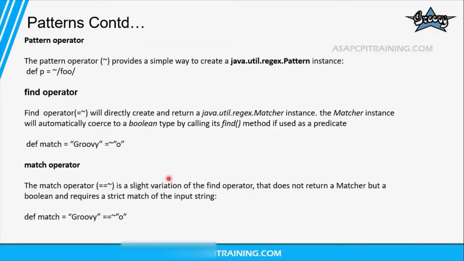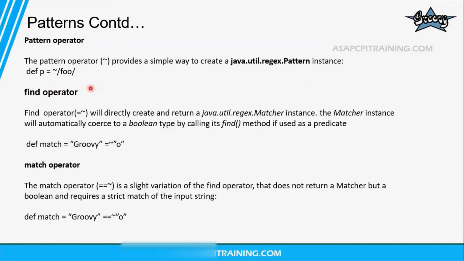Let's see the pattern operator. The tilde operator we discussed last provides a simple way to create a java.util.regex.Pattern expression. In Java there are different ways of doing that, but when you define a pattern you need to initialize the pattern object and everything.